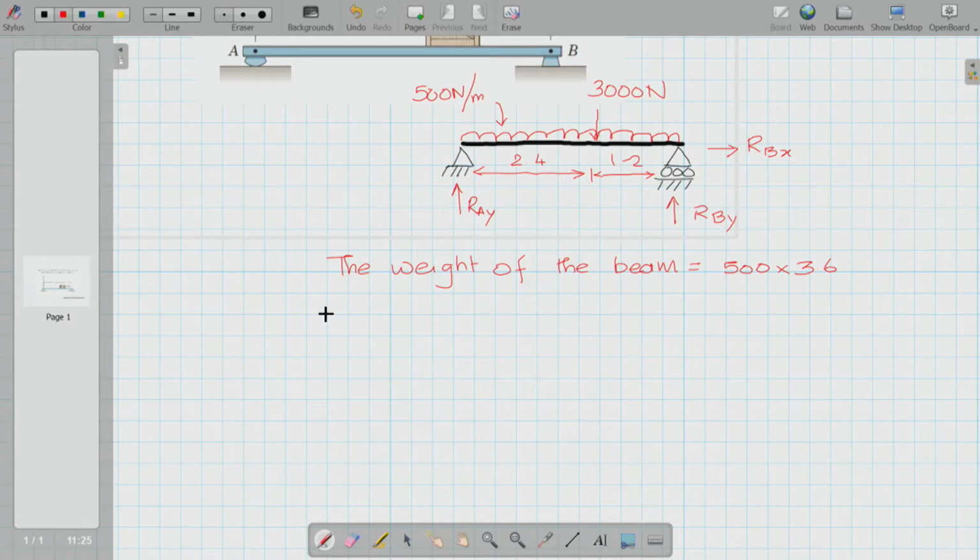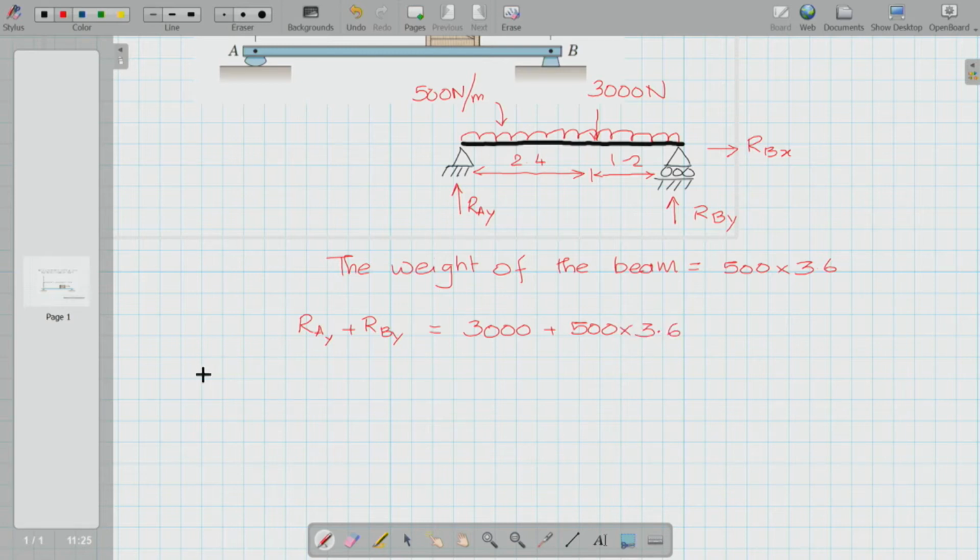So RAY plus RBY, which are the reactions upward at points A and B, should be equal to 3000 plus 500 into 3.6. We have two unknowns, so you need two equations.